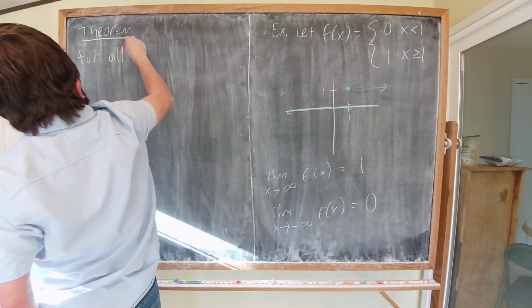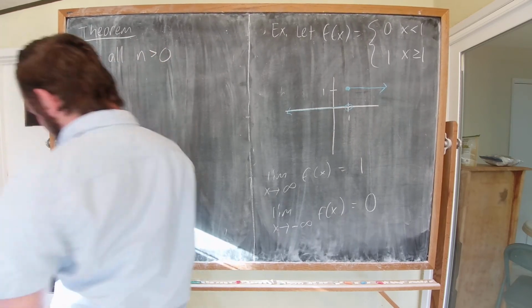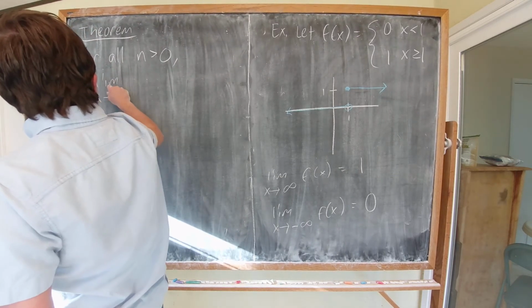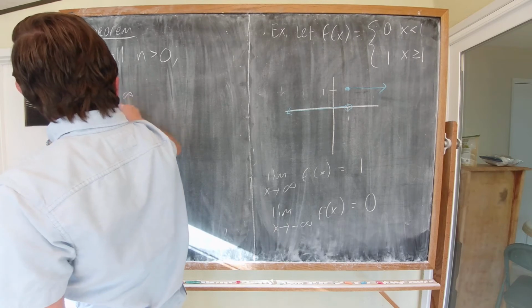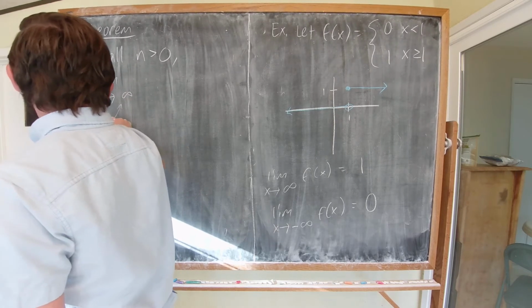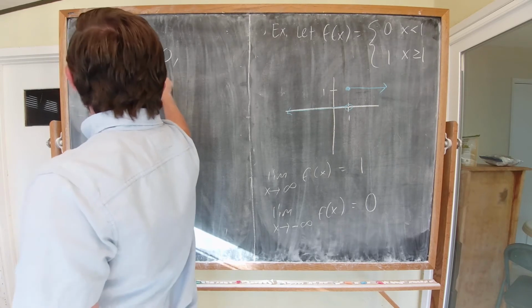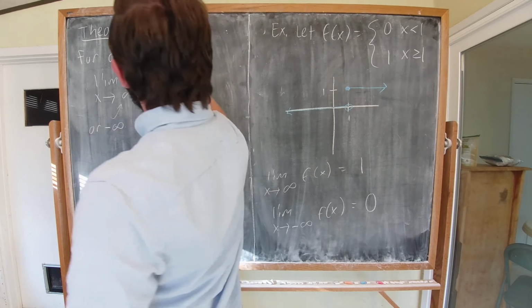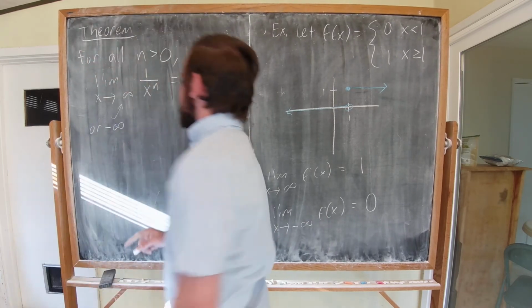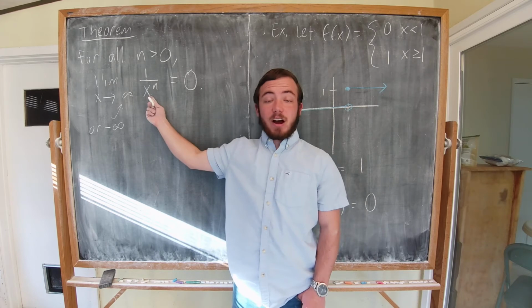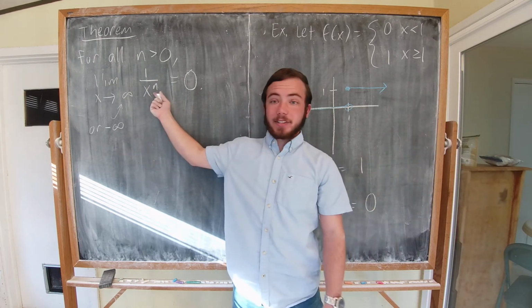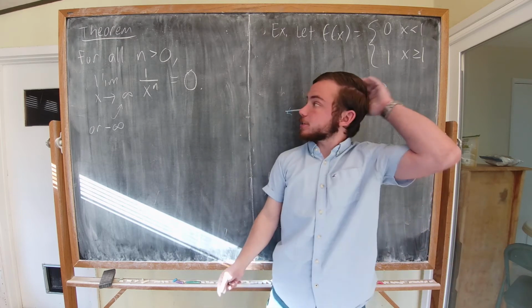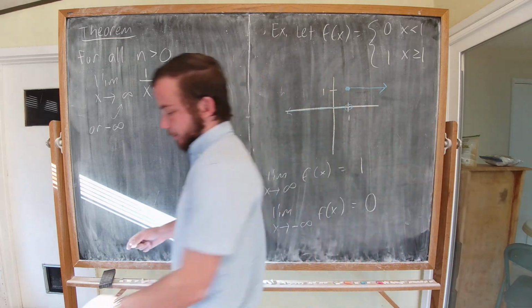For all n greater than 0, so for all positive exponents, the limit as x goes to infinity or negative infinity of 1 divided by x to the n is going to be equal to 0. Which makes sense, right? As x gets really, really big, the denominator is getting really, really big since we have a positive exponent. 1 divided by something really, really big gets really, really small. So this limit will be 0.